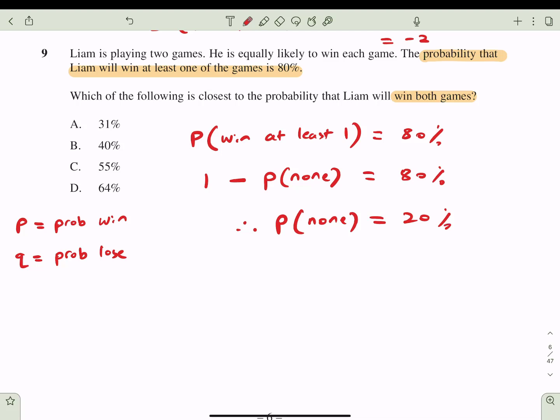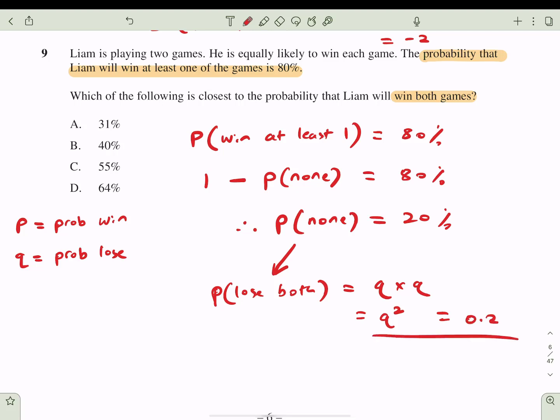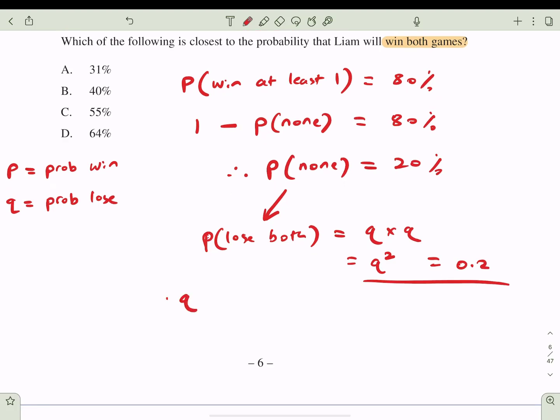And think about what happens when you're winning none. If you win none of your games, that means you're losing both games. So the probability of losing both games is equal to Q times Q, which is just Q squared. So now we know that Q squared is equal to 20%, which is just 0.2. All right, that's our first breakthrough, really, because now I know that Q equals the square root of 0.2. And when we put that into our calculator, that's 0.